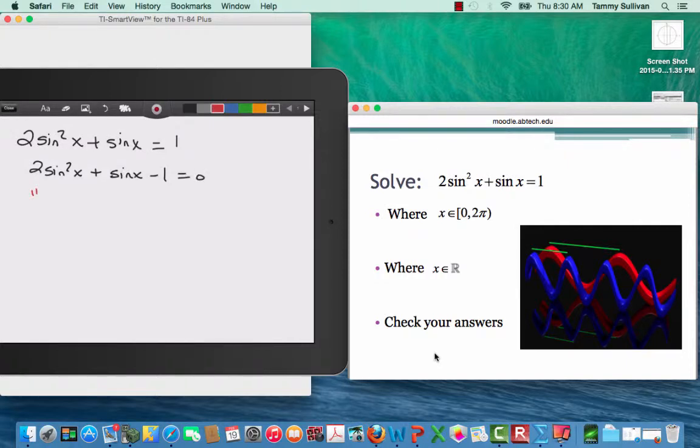So it actually looks like 2u squared plus u minus 1 equal to 0, where u is sine x. So if you like the u sub, you can try it that way. I'm going to think of it this way and go ahead and try to factor it. So I'm going to put a 2 sine x and a sine x.